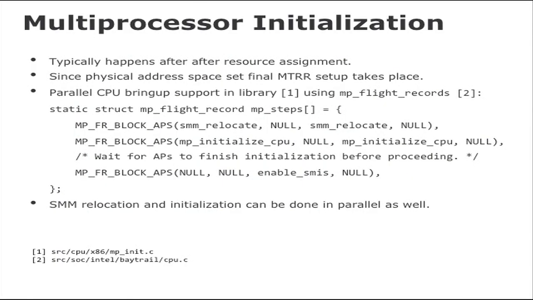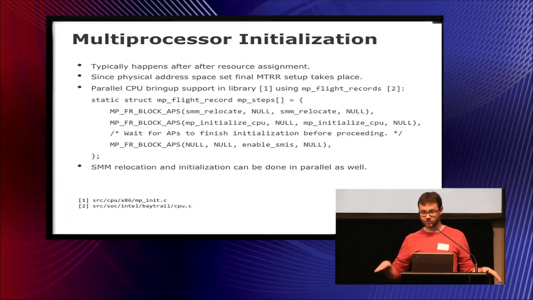In this particular example, all of these are blocking the AP, so the BSP can run, and when it's done, it releases the AP. There are barriers for various things. You can step sequence through everything rather quickly without having to think about it and redo it all over again. So that's a common piece of infrastructure that's available, and is an example.